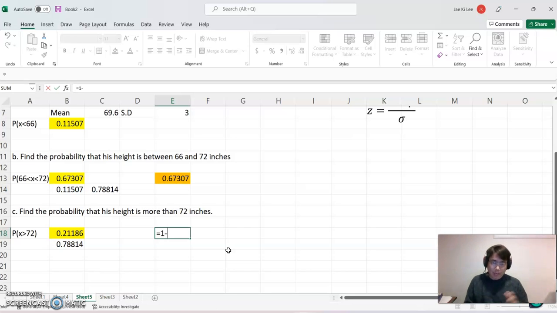The reason we are doing 1 minus is because it represents the right side. The greater side means the right side.